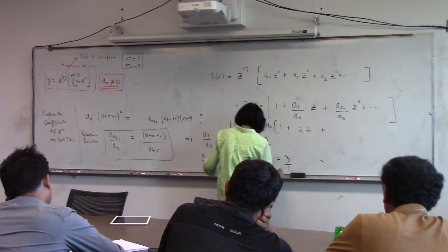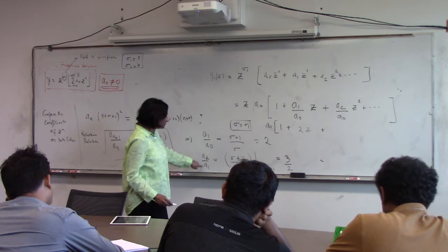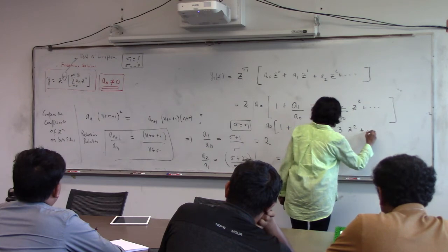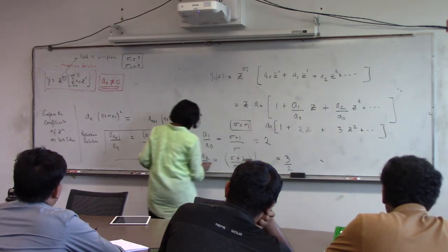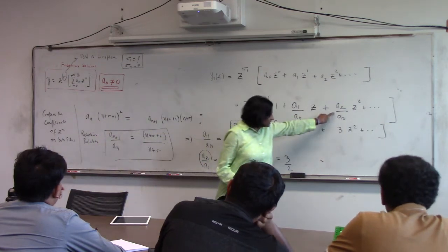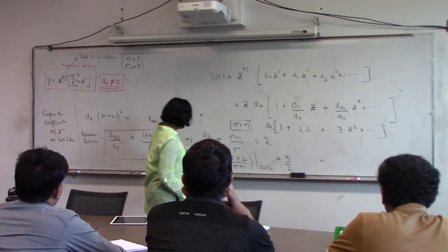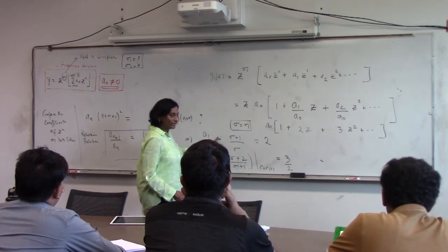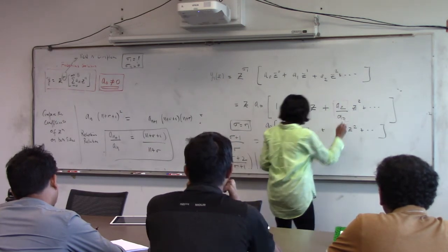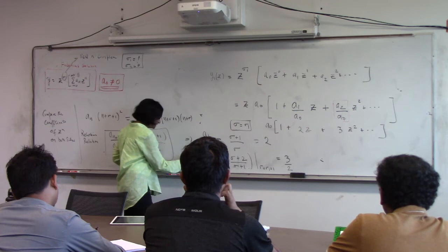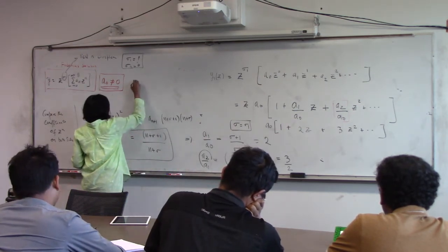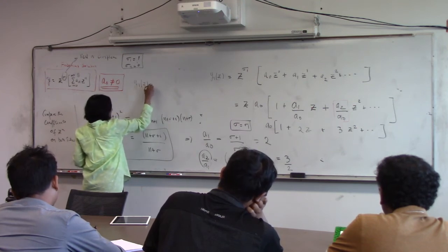But what I want is a2 over a0, which is nothing but 3, so this will be 3 times z squared. The recursion relationship gives a2 over a1, but what we need for the solution is a2 over a0, since you know a1 over a0, you can multiply by that and get whatever you want. So that is your series solution. The first solution is the following.